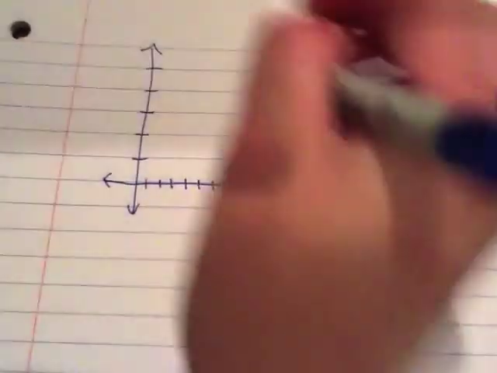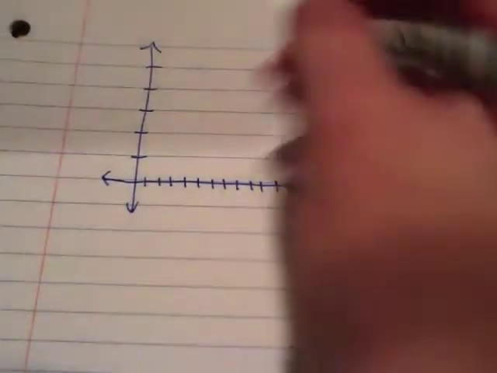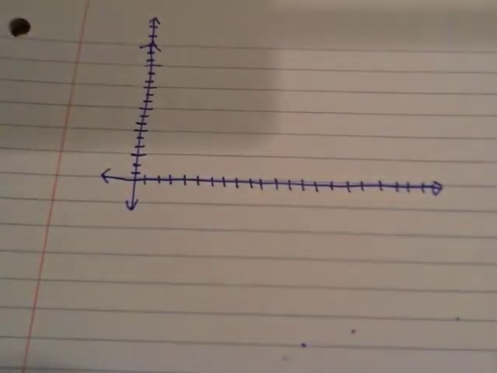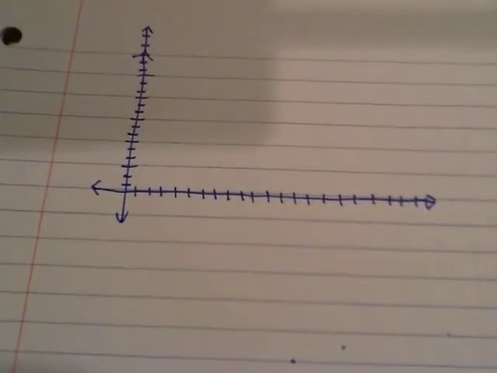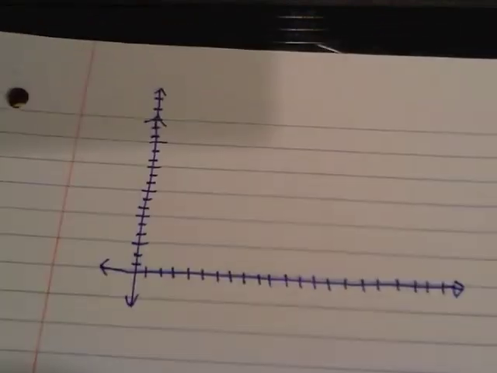And I'm going to go ahead and go with 2, 4, 6, 8, 10. I'm going to go by threes. So 1, 2, 3, 4, 5, 6, 7, 8, 9, 10, 11, 12, 13, 14, 15, 16, 17, 18, 19, 20. So I know I'm trying to get to 20, 20 there. So I should have even gone a little further.